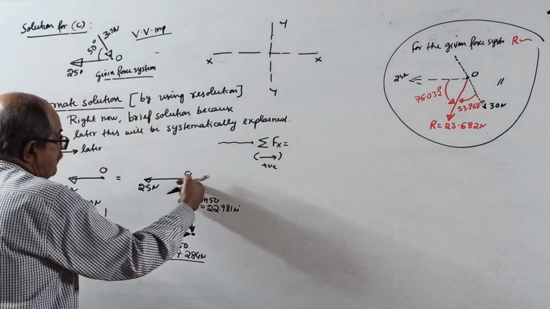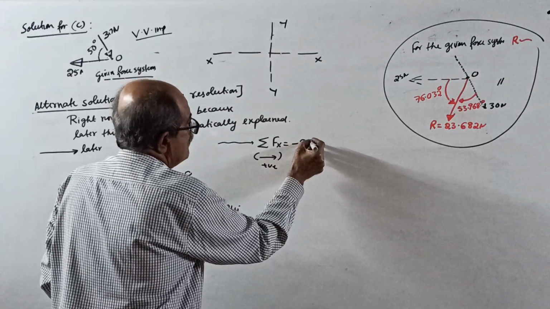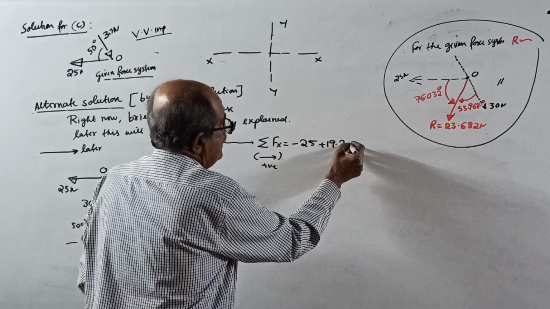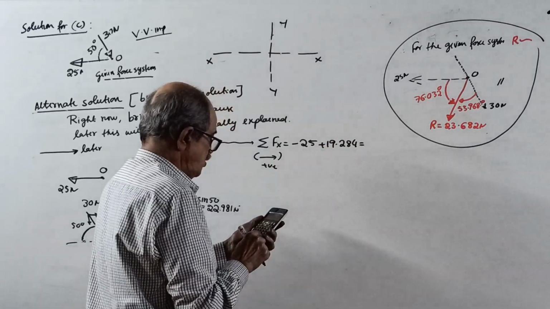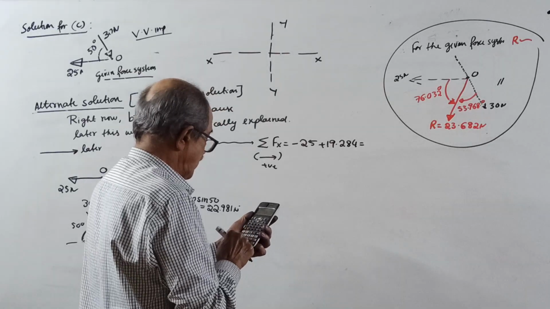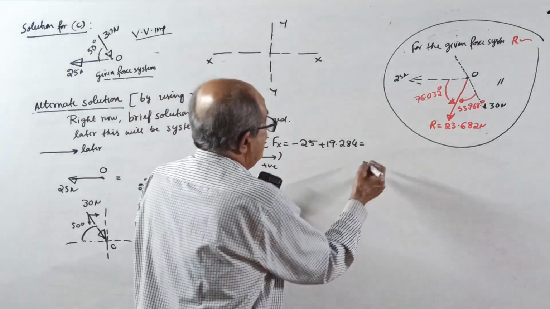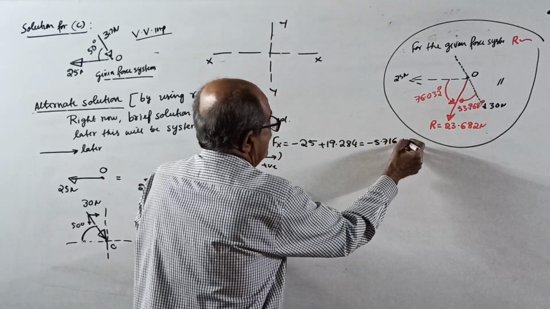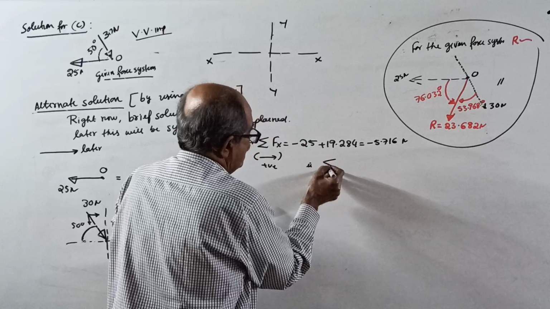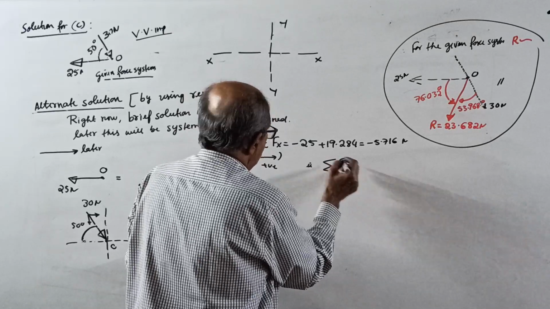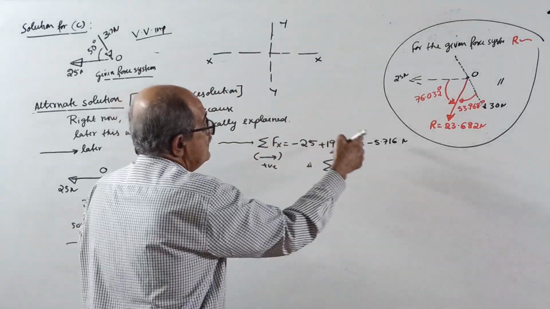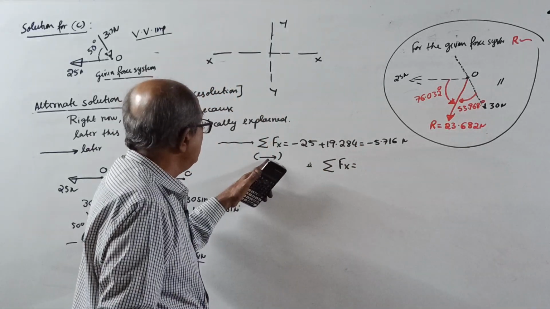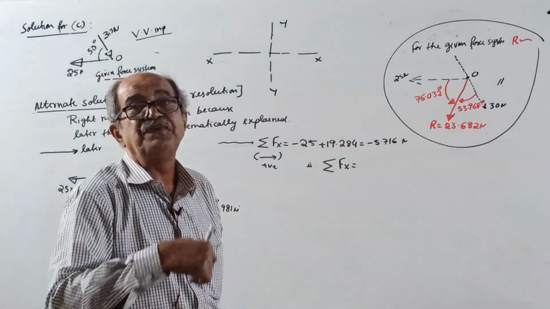Equal to minus 25 plus 19.284, which is minus 5.716 Newton. That means your sigma Fx, without sign, we took right side, negative came, so it is the left side. See, this is also confusion. You took right side here, negative came, so left side.